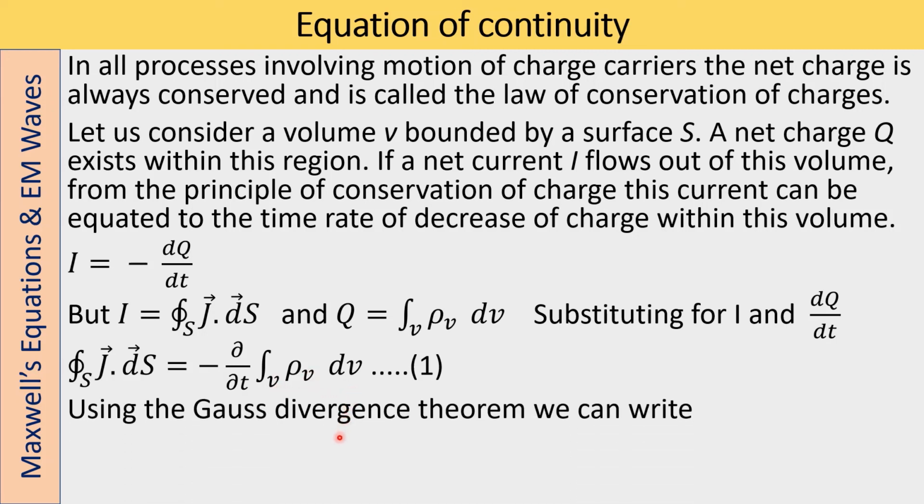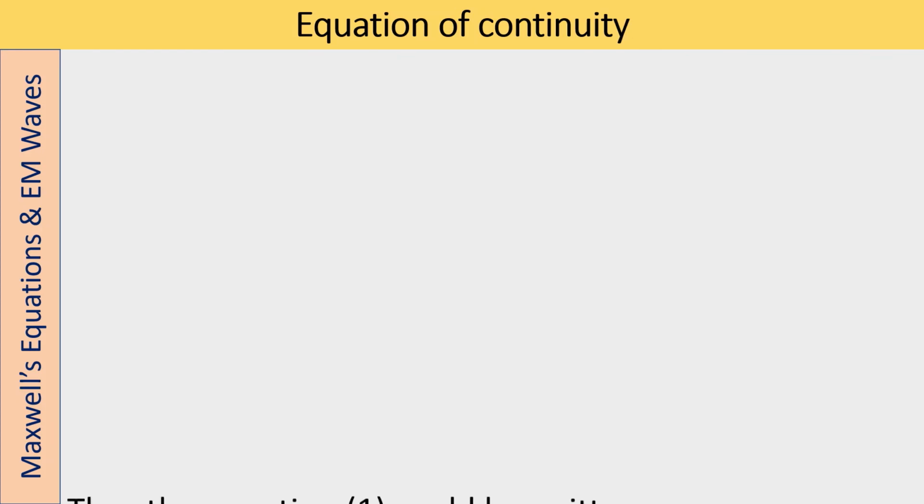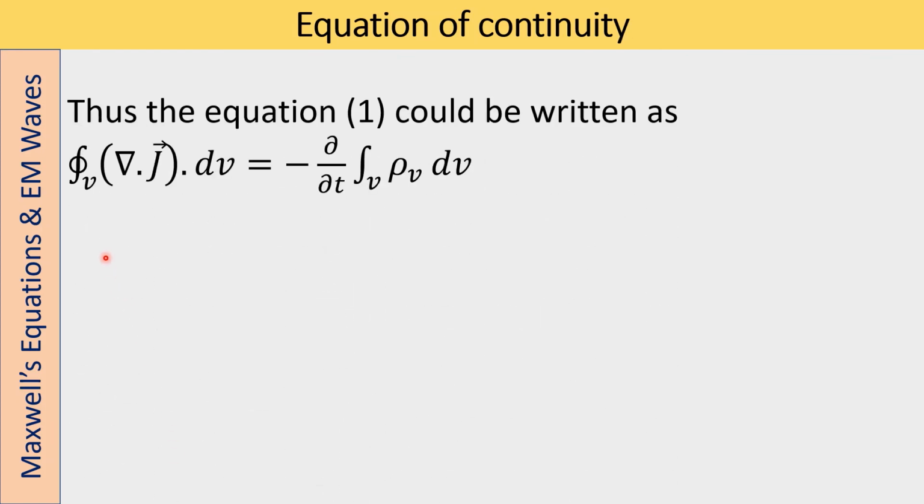Using the Gauss divergence theorem, we know that surface integral J dot ds is equal to volume integral of divergence of J dv. So substituting this in equation 1, we will get the volume integral of divergence of J dv is equal to minus del by del t volume integral of rho v dv.